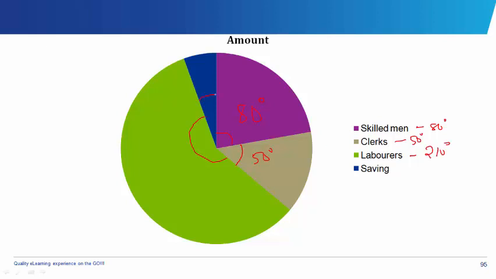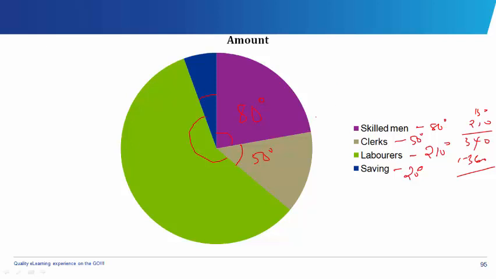Then our savings here is, well, we're not given, but to calculate it, since everything sums up to 360, we have 80 plus 50 is 130, plus 210 will give us 340, and 360 minus 340 will give us 20, so savings is 20 degrees. No wonder it's very small.